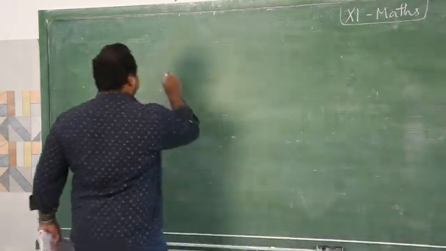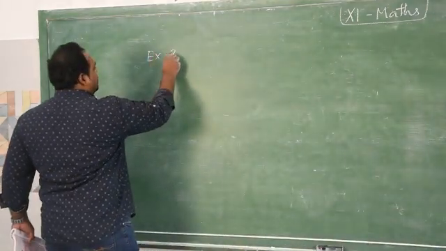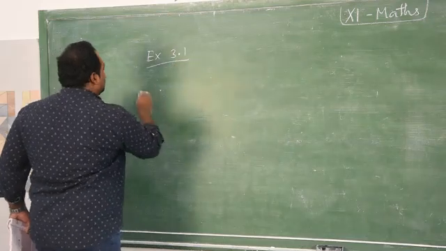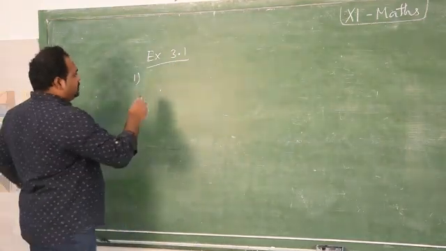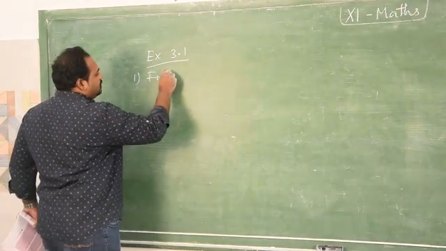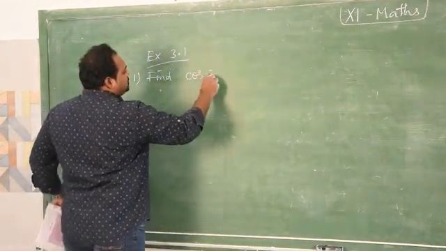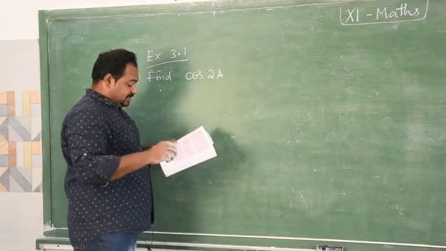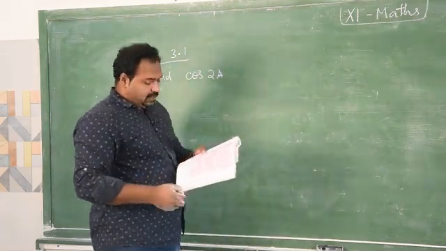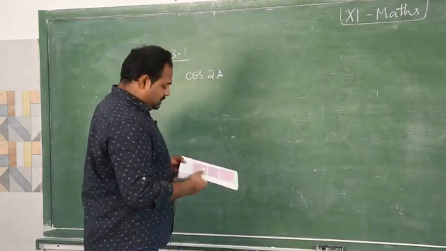So exercise 3.1, problem number 1. Find the value of cos 2A, where A lies in the first quadrant, so all are positive, so no problem in the sign.